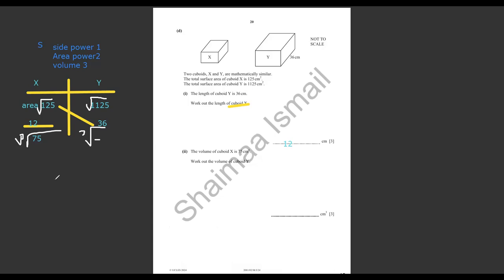So easily we can say that X over Y, which equal to 12 over 36, equal to 1 out of 3. Is that right? According to the volume here, the volume would be equal k all to the power of 3, and that is k. So we make it this equal to 1 out of 9.